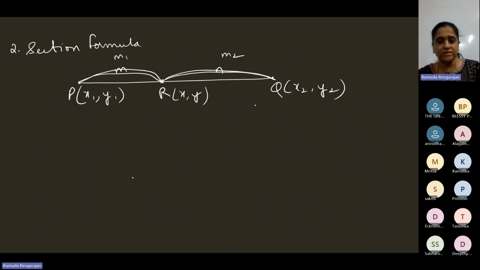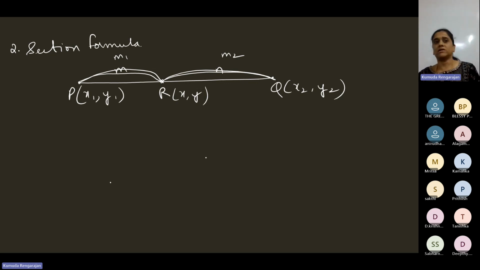If it's given like this, it is PR and RQ. Or things will be clear in the question. So these are the different components of the section formula. You have 3 points actually, P, Q, and R. R lies on the join of P and Q. You can see their coordinates, and you can also see the ratio m is to n or m1 is to m2.